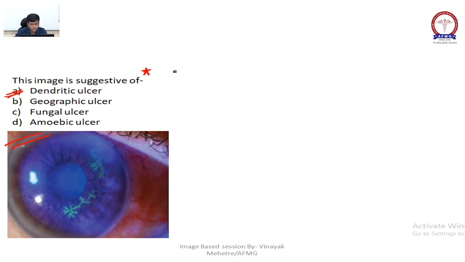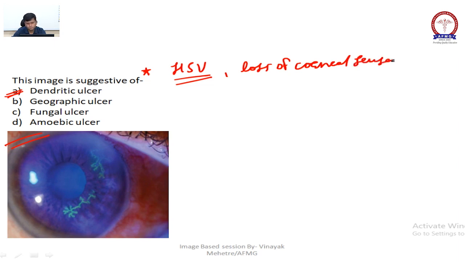Now see, dendritic ulcer is caused by HSV. There will be loss of corneal sensation. MCQ already came. Now treatment for this is acyclovir 3% ointment.